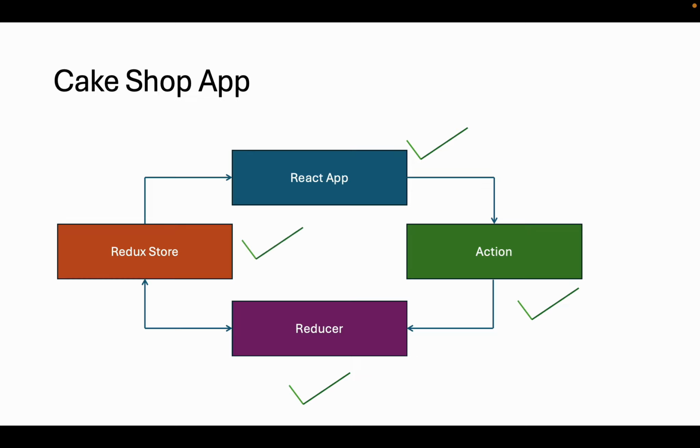Thirdly, we created reducers to handle the dispatched actions and make changes in our state. In our case, it's a cake shop, so we implemented an action creator to buy a cake, and we handled that in our reducer to decrement the number of cakes on each purchase. And we created a Redux store and provided that store in our React application.